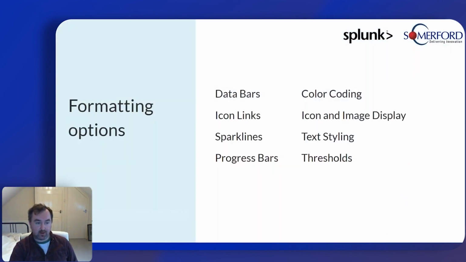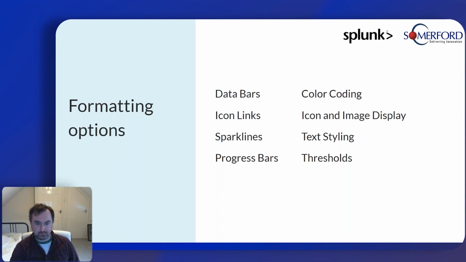But we might be able to improve it by using a few formatting options. There are loads and loads of formatting options when you make a panel, and for dashboards themselves for that matter. Some of them are on the screen now. When we go to the live portion of the webinar, where I go into some different dashboards, we'll have a look at some of the formatting options there.